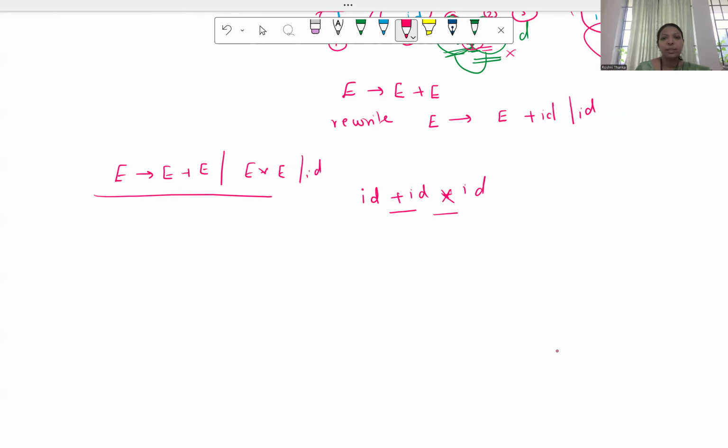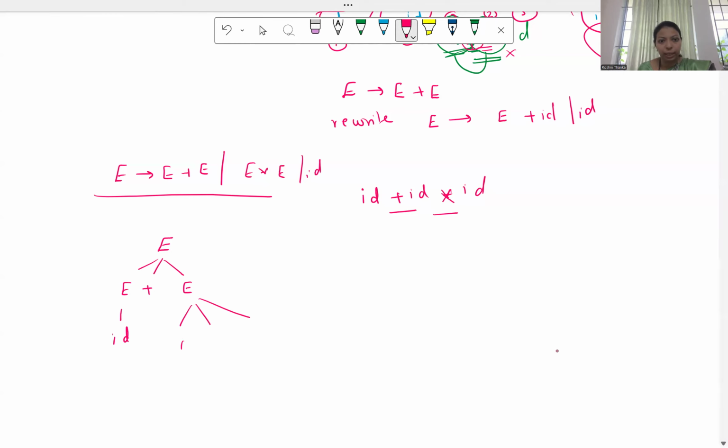To do this derivation, again I'm going to do top-down processing. We already know this grammar is an ambiguous grammar, because to bring one particular output, it is giving us more than one parse tree. So let us start. One option for me is I'm going to start with E, and take the first production E plus E. Further, this E is derived into ID, and this is now ID.